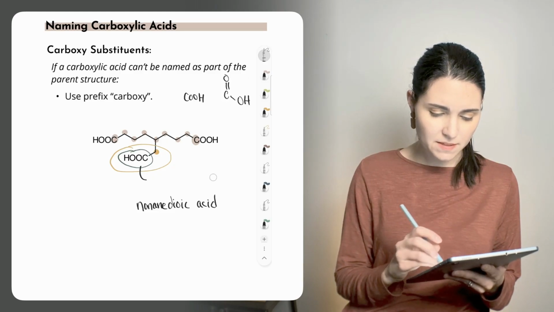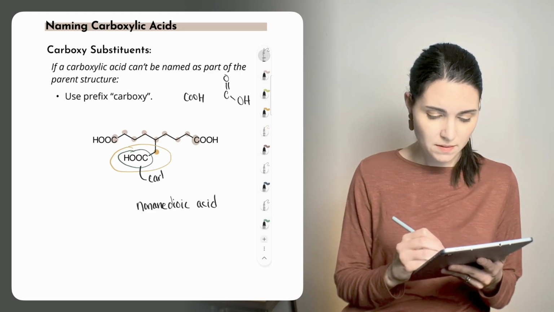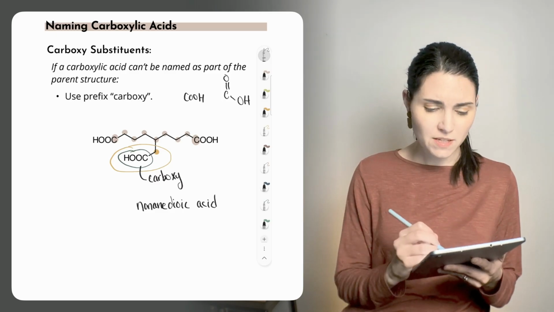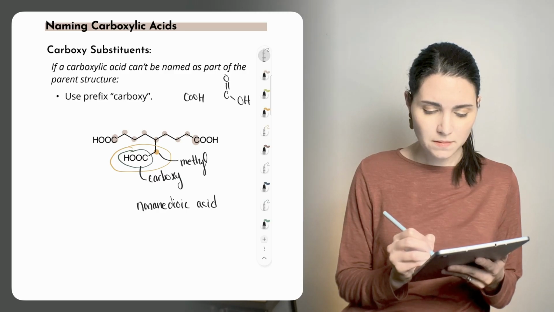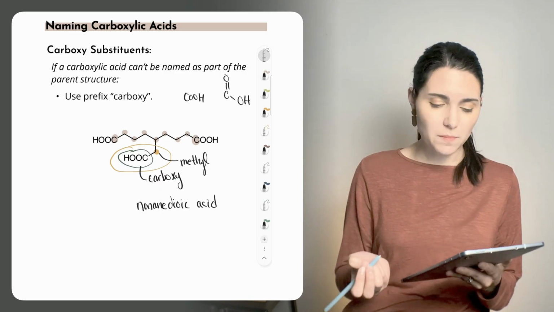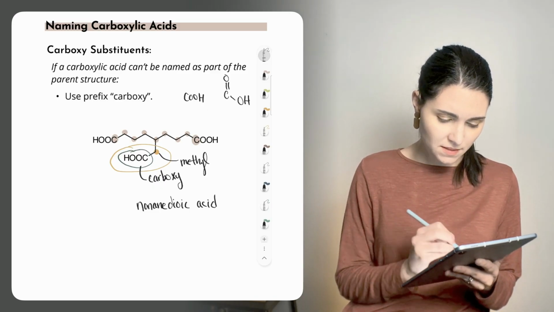I'm just going to erase this nonane here so we don't get confused. So the carboxy substituent, the COOH, and that is on top of a methyl. So a carboxy methyl substituent. And carboxy methyl, because it's a complex substituent, will be in parentheses.